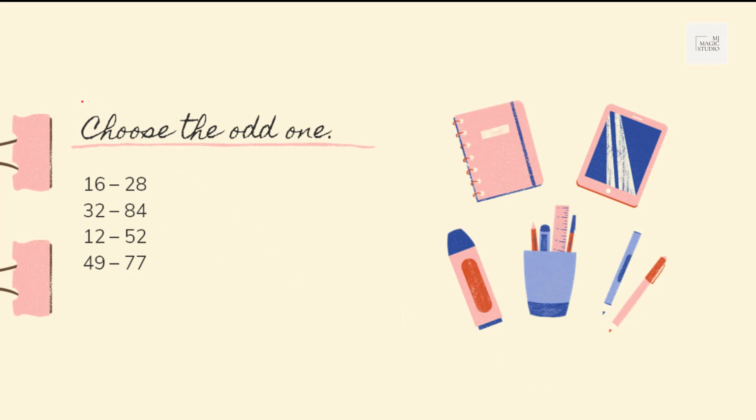So let's take up one more example here. Instead of single numbers, two numbers are given in each pair. We need to find the odd pair out. Let me write it as odd pair out. Which pair does not belong to one classified group?